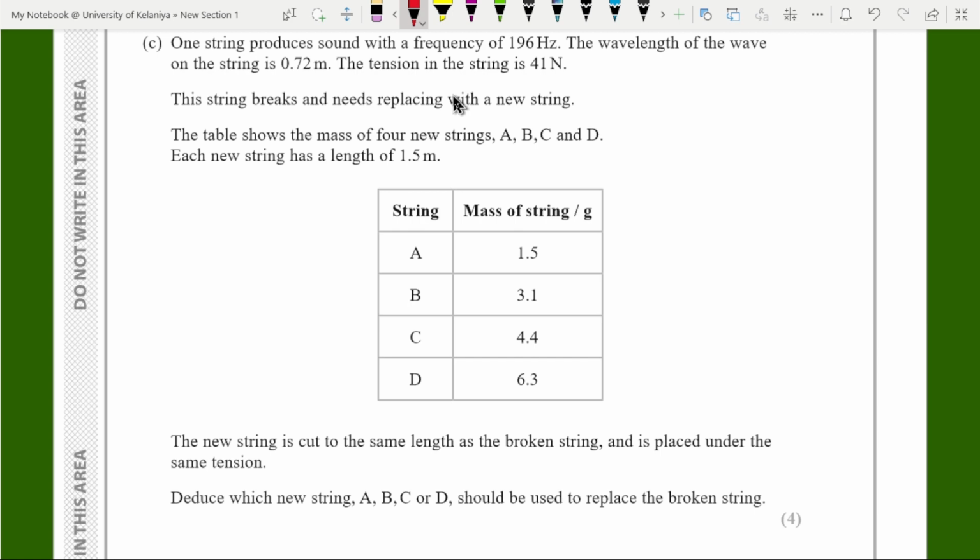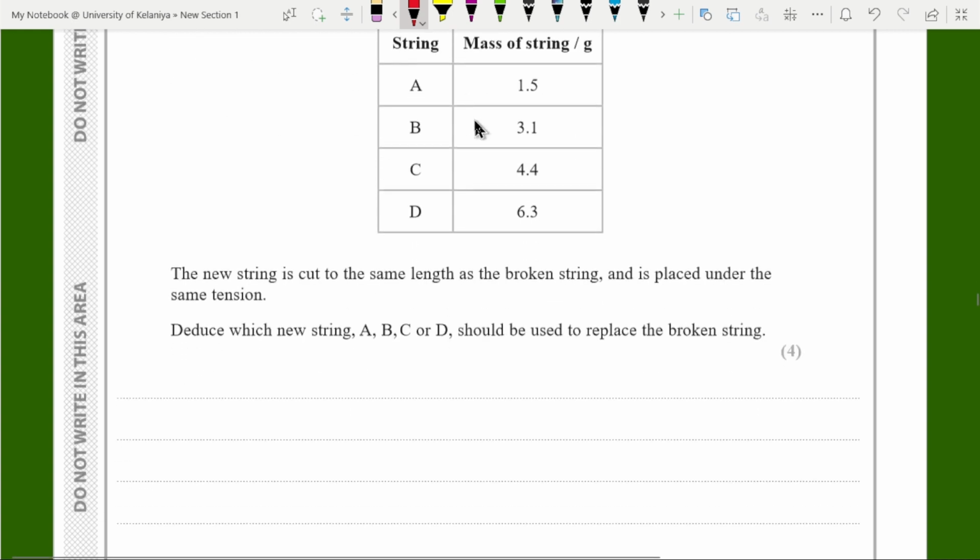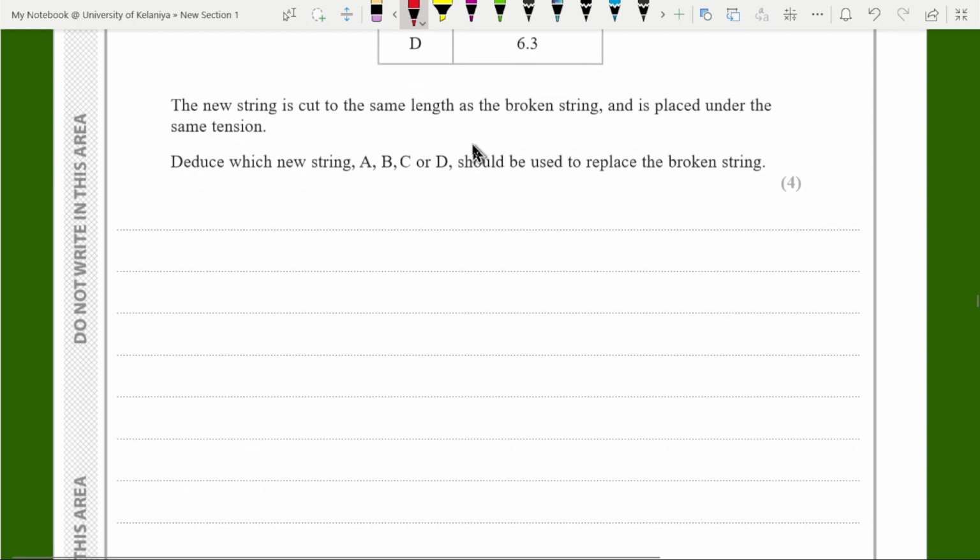The table shows the mass of the 4 new strings A, B, C, and D. Each new string has a length of 1.5 meters. The new string is cut to the same length as the broken string and is placed under the same tension. Deduce which new string A, B, C, or D should be used to replace the broken string.